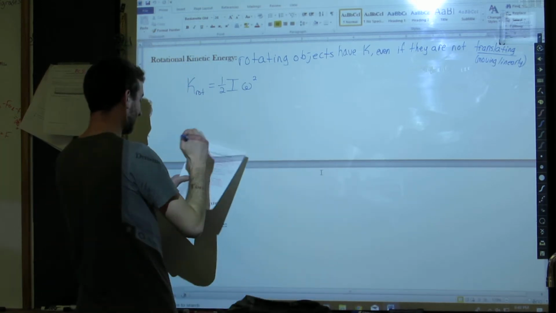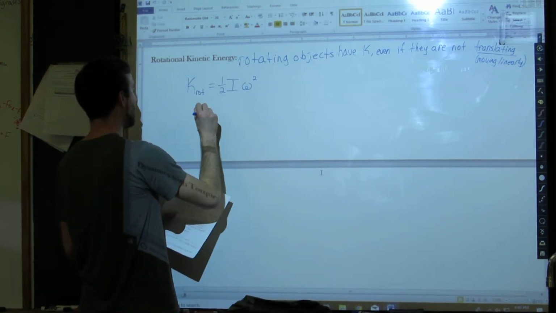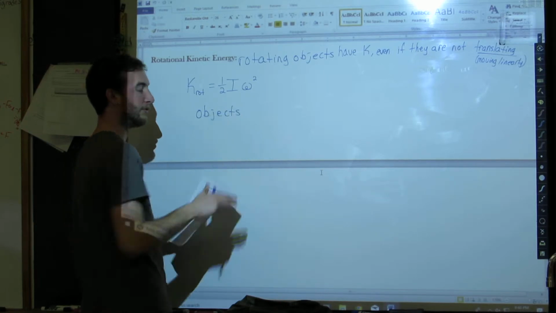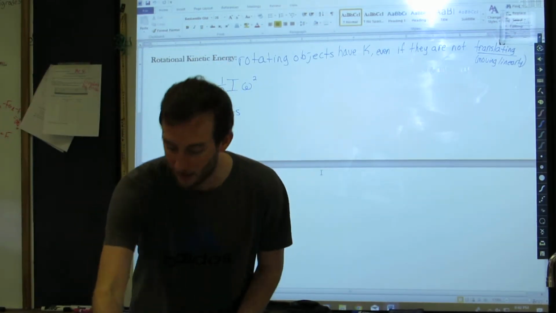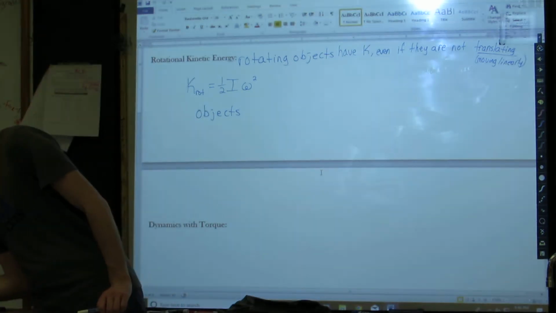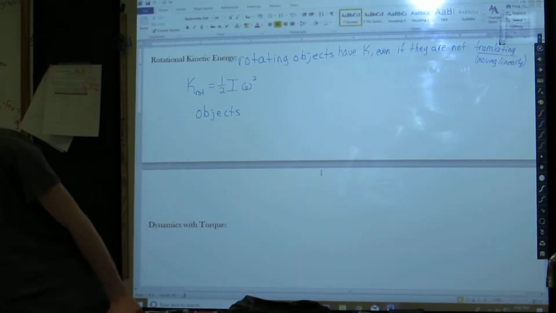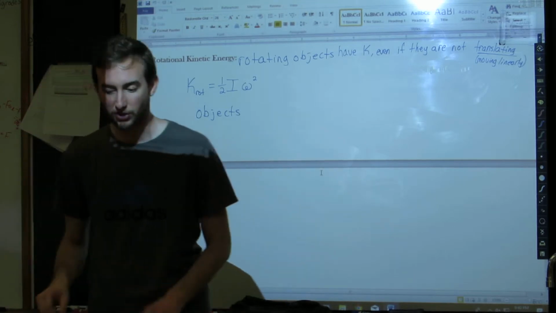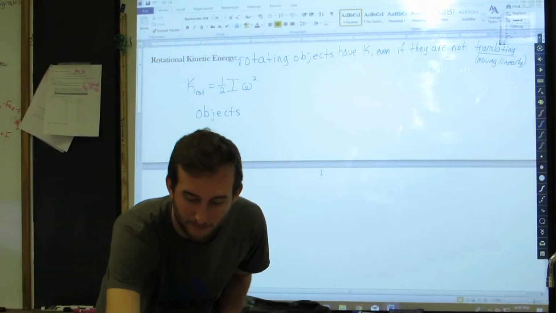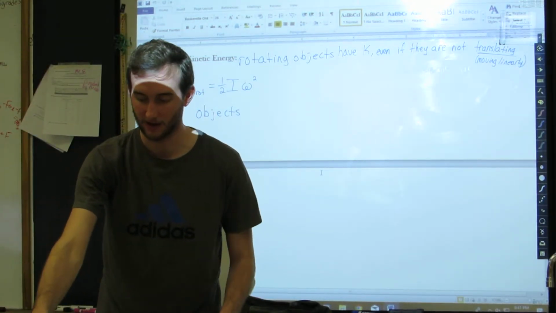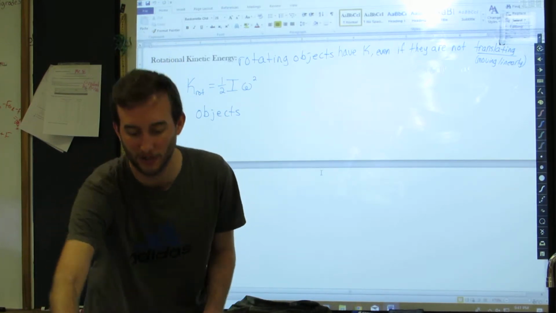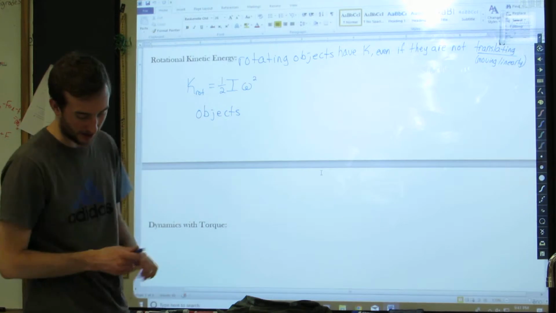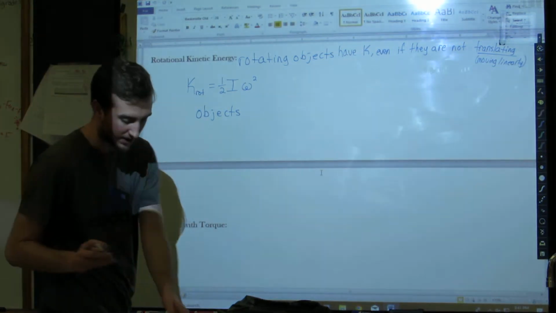In our next little mini topic, you will see objects that have both translational kinetic energy and rotational kinetic energy. An example is anything that rolls. Expo juice, I guess. This is translating. It's also rotating. It has both translational and rotational kinetic energy. Nothing wrong with that.